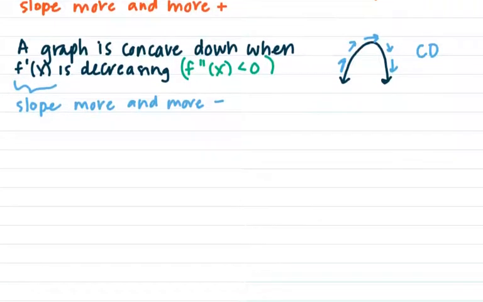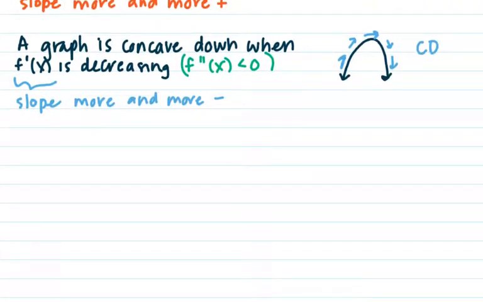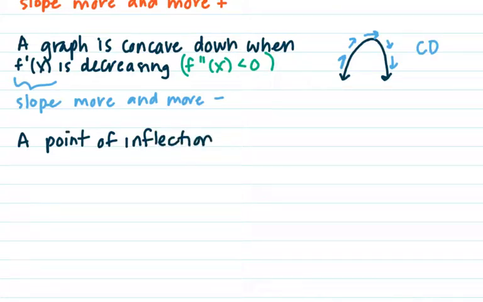Okay? So the next kind of definition we have to go through here is what's called a point of inflection. Sorry, my pen really doesn't like eyes right now. Oh, there we go. Okay. Which we abbreviate POI in a lot of cases.